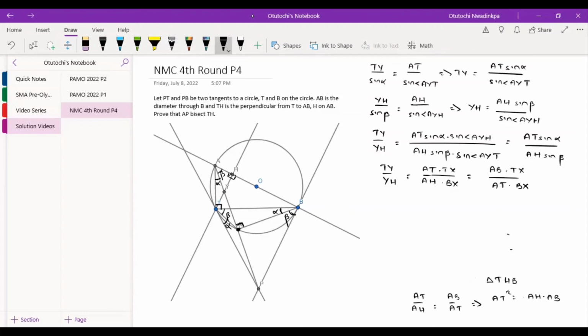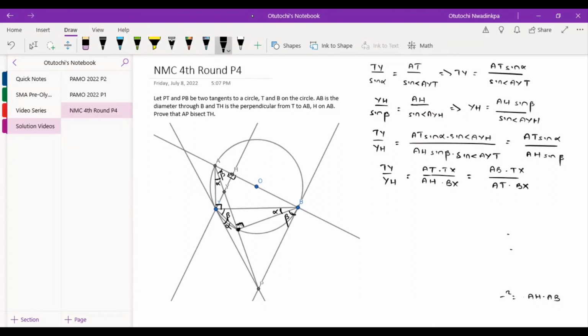So if what you are trying to prove is actually true, then such a quadrilateral is called a harmonic quadrilateral, where the products of opposite sides are equal. So we are trying to show that ATXB is a harmonic quadrilateral.